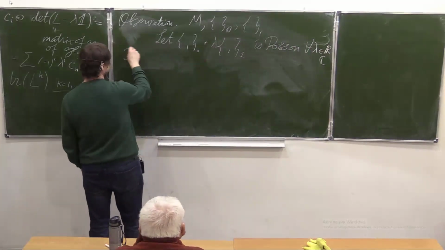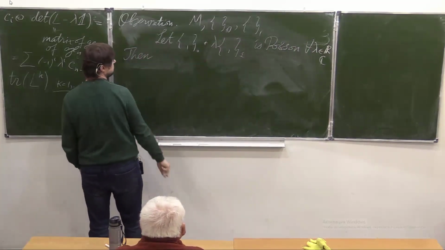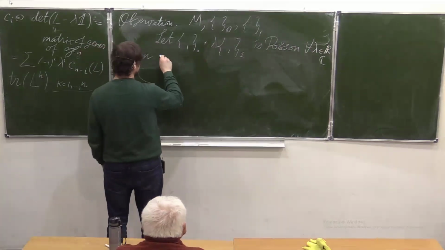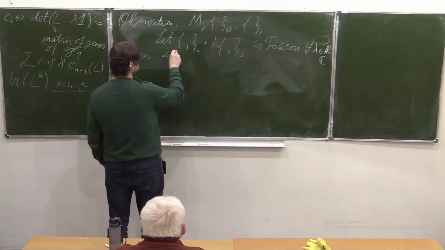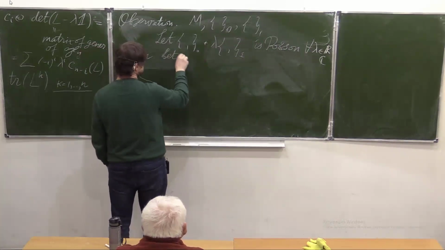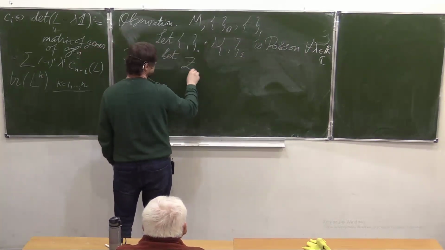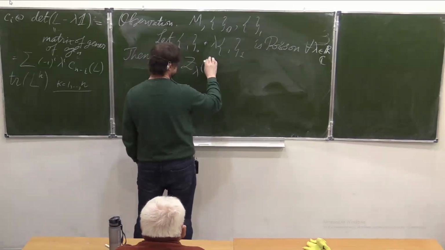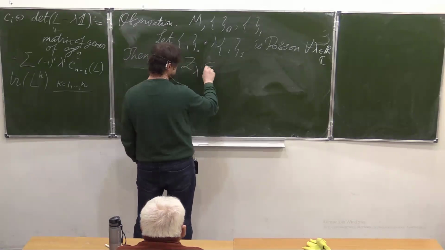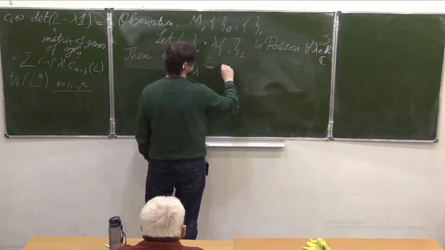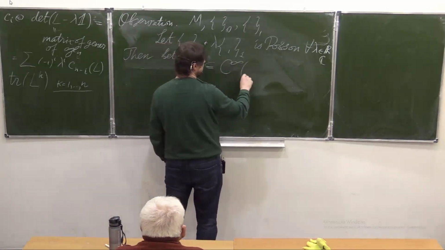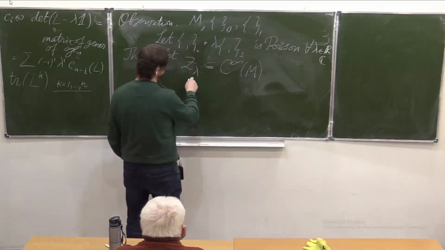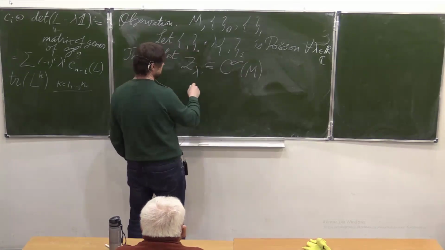Then the following is true. Let Z_lambda be the center, a subalgebra in the space of functions on M, the algebra of Casimir functions with respect to this lambda bracket.